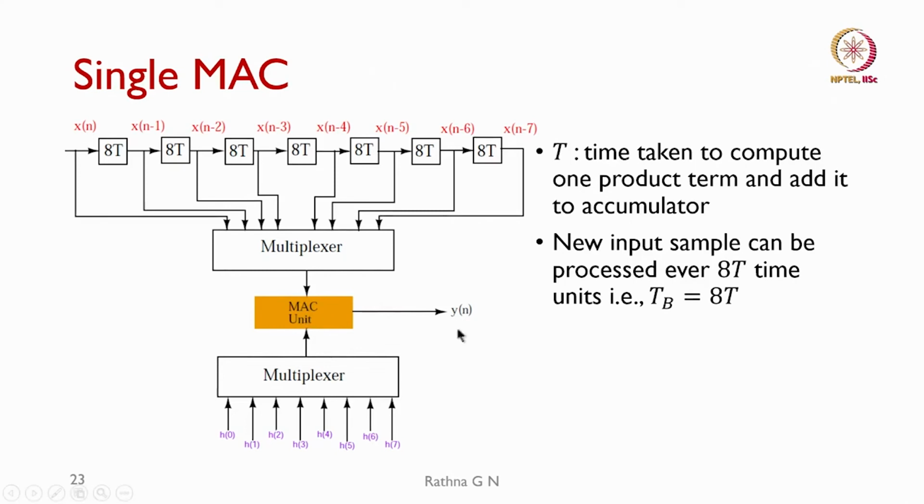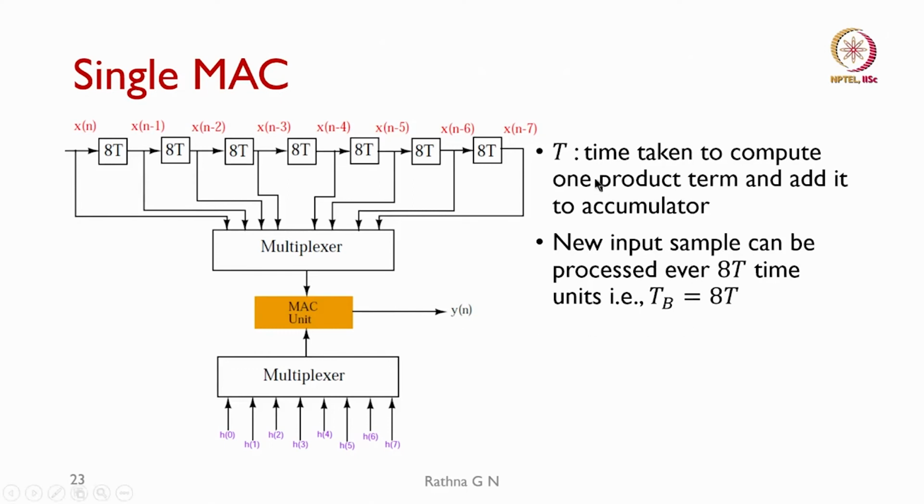Once the complete thing is done, after 8 clock cycles, my y of n is a valid output. Although it is coming every clock cycle, we say at the 8th clock cycle I will get the correct output, and from there onwards every clock cycle I will get the output.